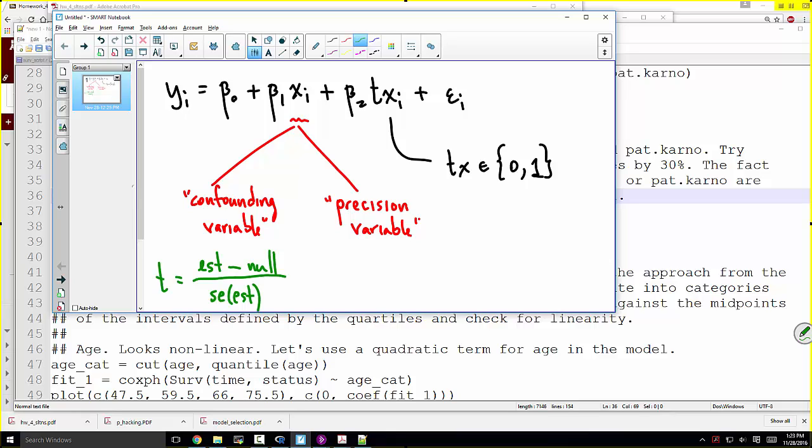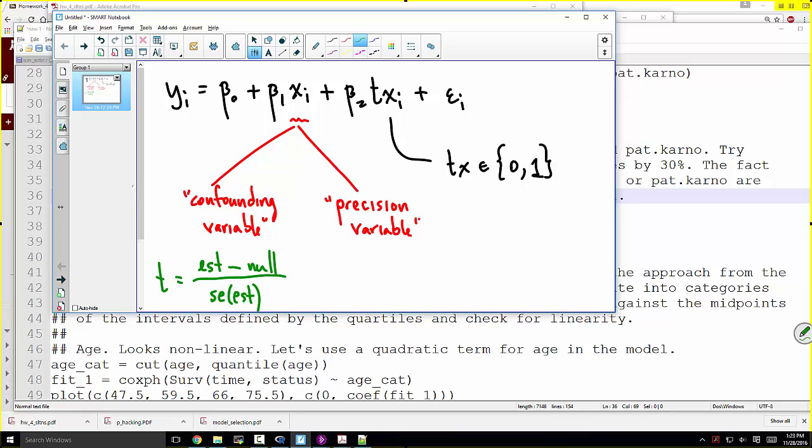Why would you ever not want to include a variable? Suppose that X is, we think, a precision variable. Why would I choose not to include it? Well, suppose we had a sample size of 300 and we have 150 covariates. That essentially is a small sample size problem.